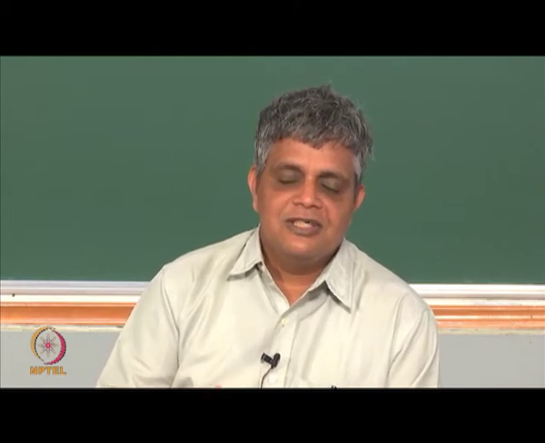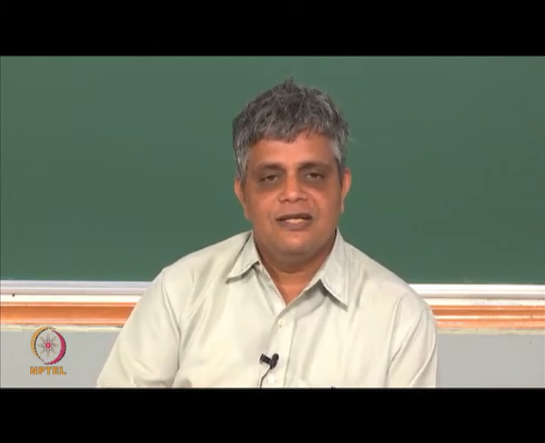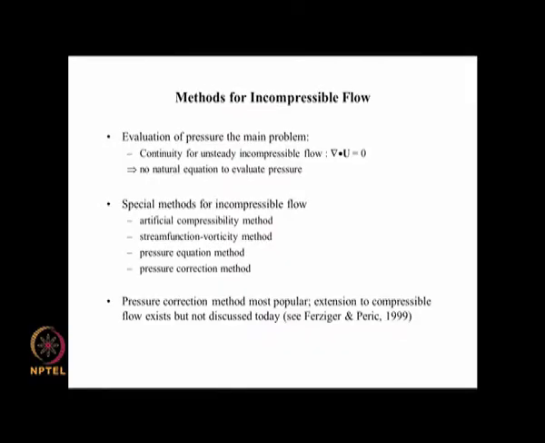You can say that there are 3 or 4 different approaches for dealing with this, and these are the ones that we are going to discuss in the second part of this module. So, we will just look at what these methods are. The first one is about artificial compressibility.